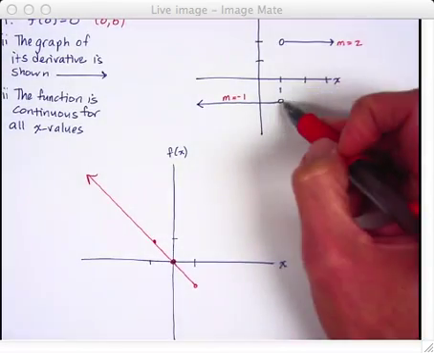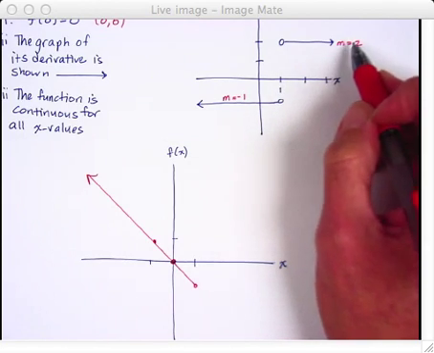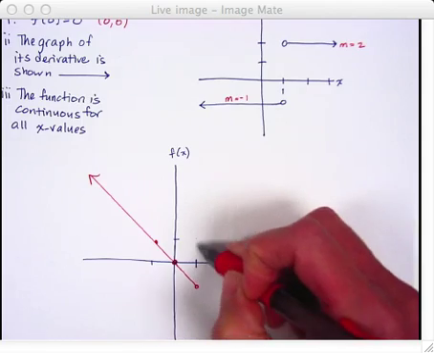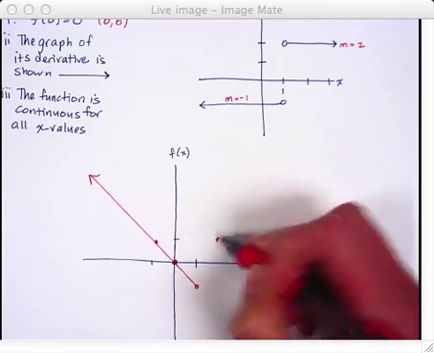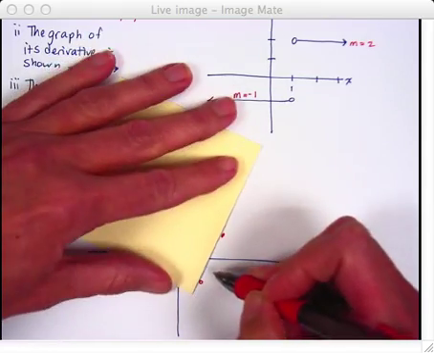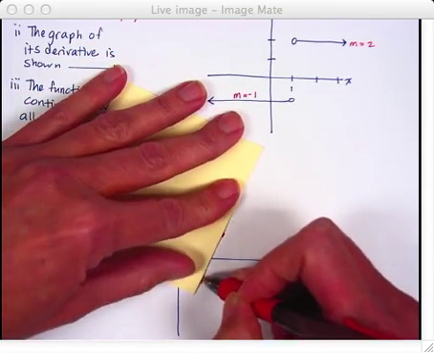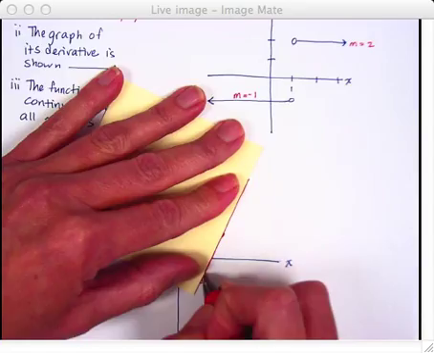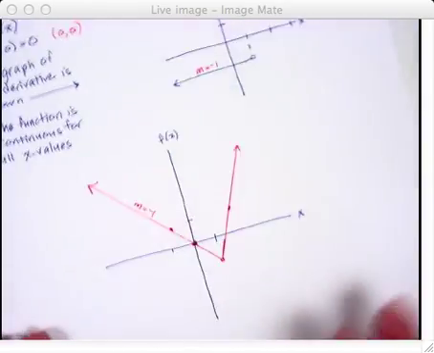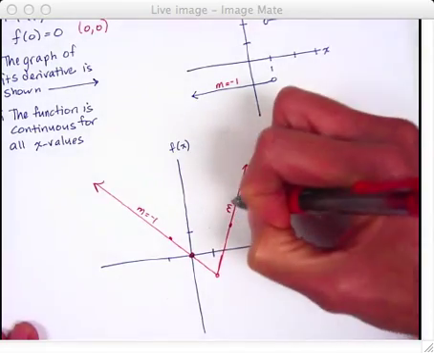And then to the right of x equal to 1, all of the slopes are 2. So from here, I'm going to just go up 2 over 1, and now draw a line that has a slope of 2. Now, oops, here we go. All right, so here I have a slope of -1 everywhere. Here I have a slope of 2 everywhere.